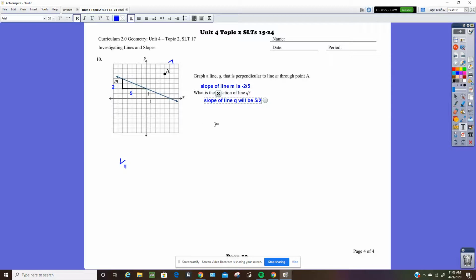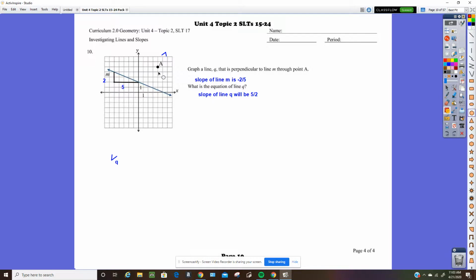So now what I would do here is go to point A here and then go down 5 and left 2. So down 5, 1, 2, 3, 4, 5, and left 1, 2 is right here.